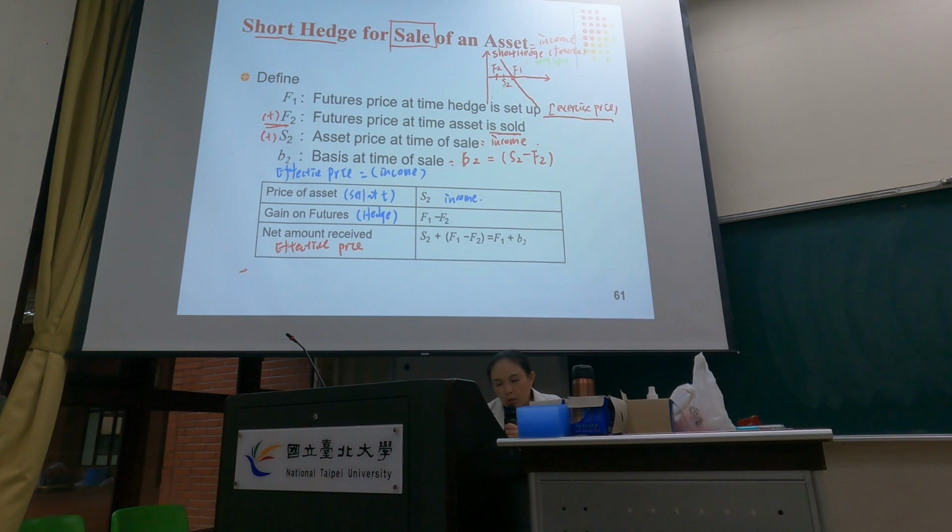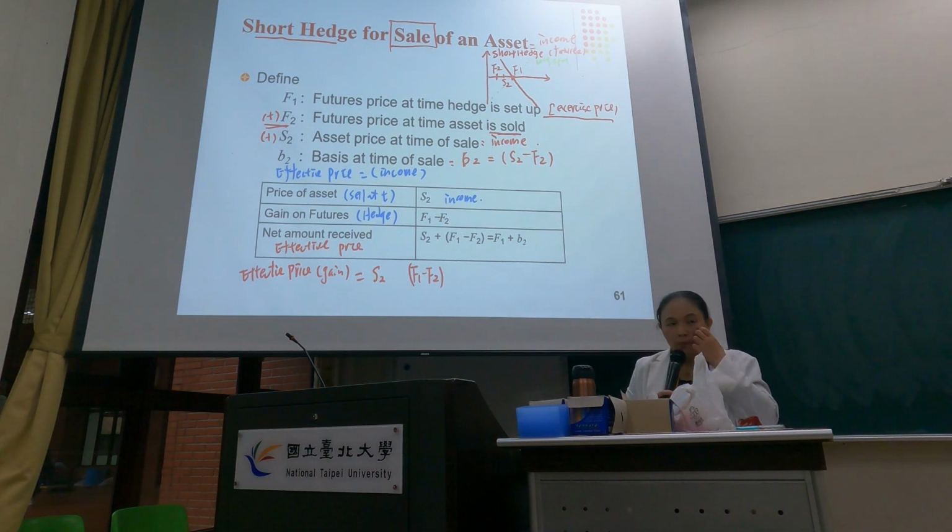So let me ask you, effective price. That's the gain, right? The income. You sell your spot as S2, and then you gain from your futures position, okay, as F1 minus F2.